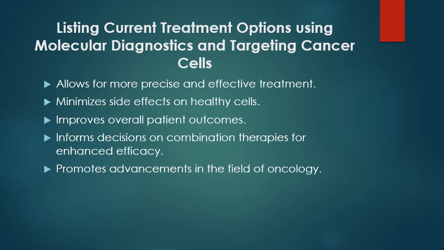It minimizes side effects on healthy cells. It improves overall patient outcomes. It informs decisions on combination therapies for enhanced efficiency, and it promotes advancement in the field of oncology, because that's about what we do with science. We research, we see what works, we see what doesn't, and we go from there.